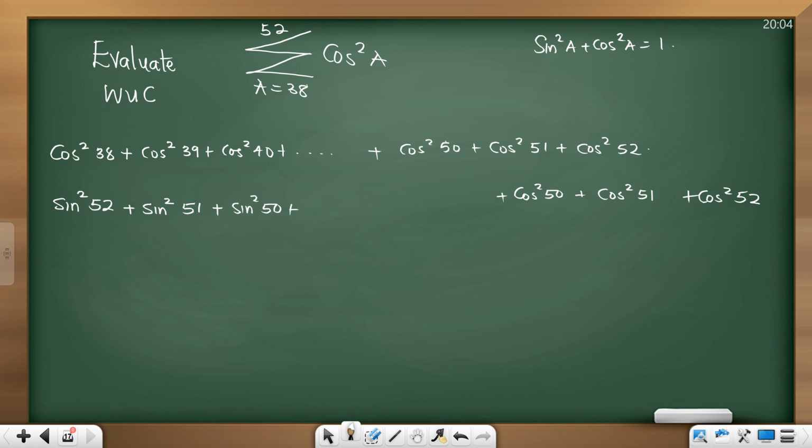But we said there are 15. So what does it mean? There'll be 7 on the left, 7 on the right, and 1 in the middle. Which number is in the middle? It's going to be the 8th term. Let's count: 38, 39, 40, 41, 42, 43, 44, 45. Special angle.